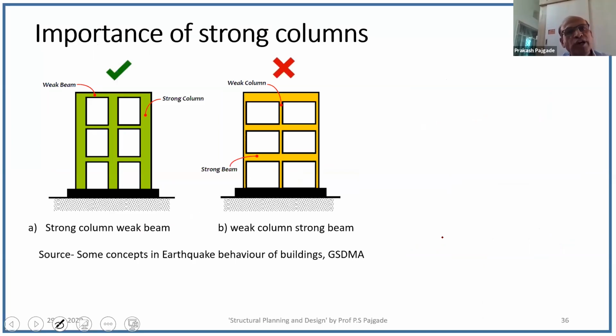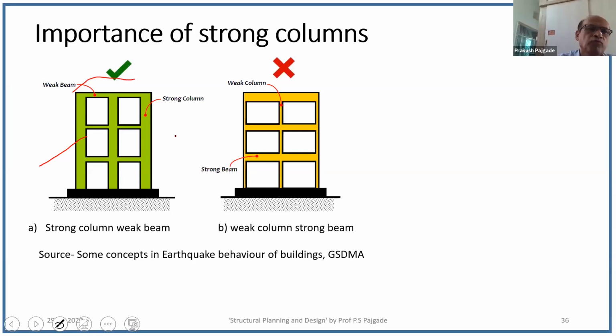Another most important point is the importance of strong column and weak beam. We must have a very strong column, because you know that if there is a failure of a column, the entire building will come down. If in some beam there is a problem because of ductility, the overall structure will not fail.